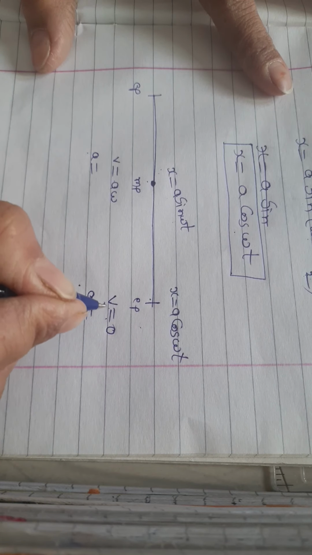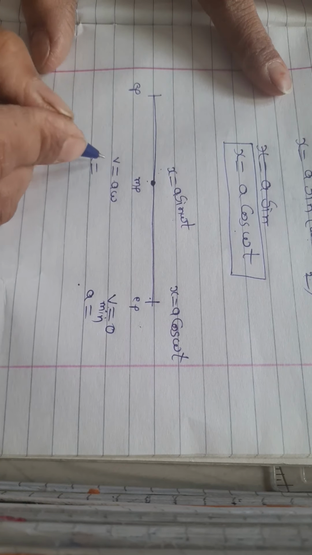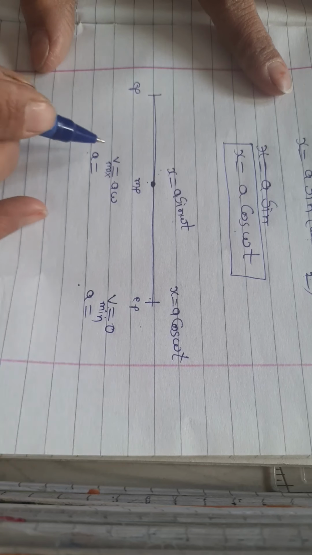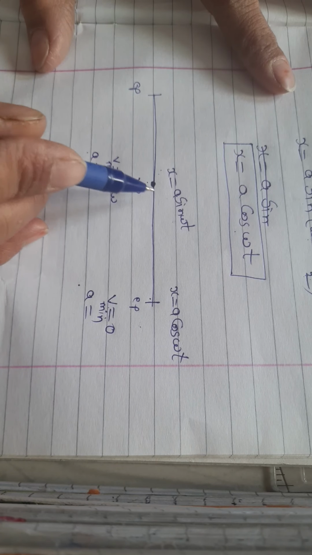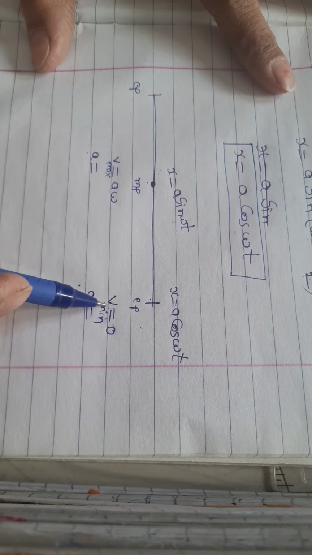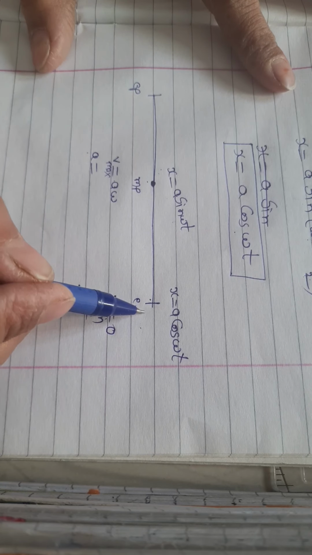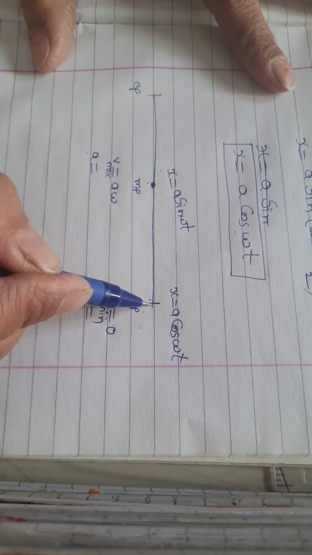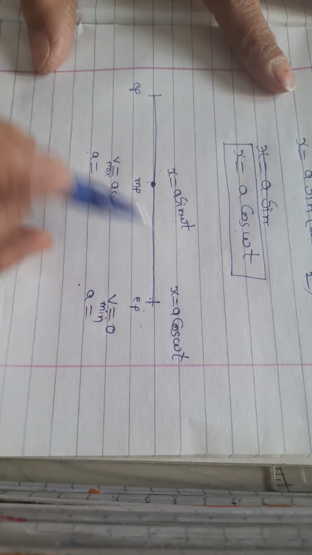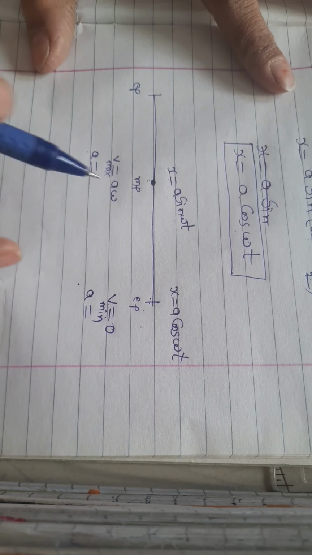So you can say this is the minimum velocity and this is the maximum velocity, v max. Means we have found two physical quantities in this diagram: at mean position and at extreme position, these are the values of displacement and these are the values of velocities.